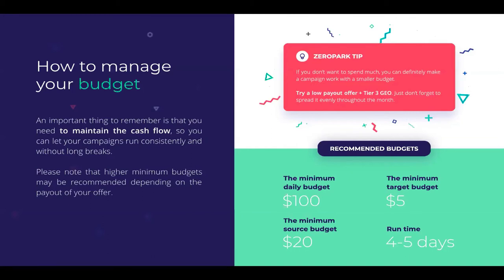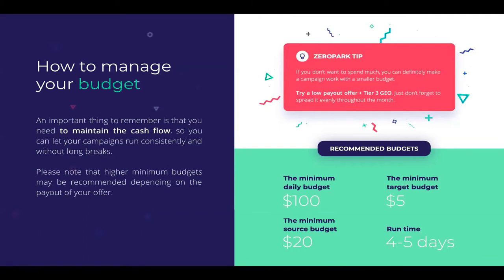Or if you're running a pop or domain campaign, you can also set a minimum target budget of $5. What this helps you do is give each target an equal opportunity to perform. And you want to run the campaign for about 4 to 5 days.